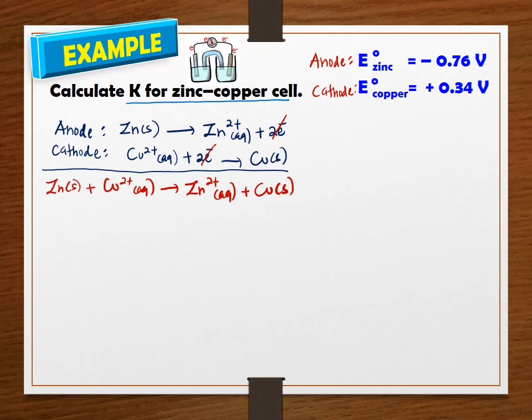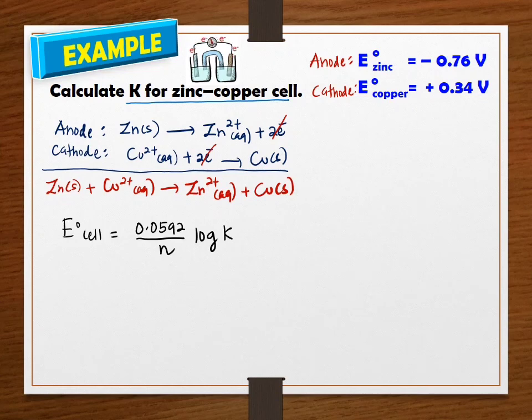Okay, and then kita guna terus formula. Formula yang tadi, kelas. Formula yang berkaitan dengan equilibrium. Okay, which is the formula is E0 cell equal to 0.0592 divided by n log K. So you can directly use this formula.